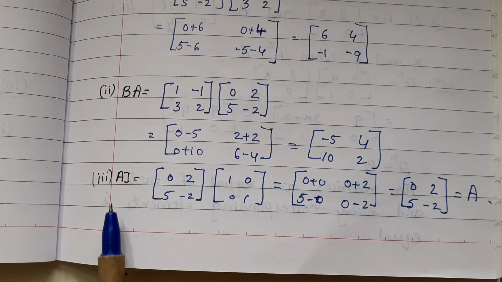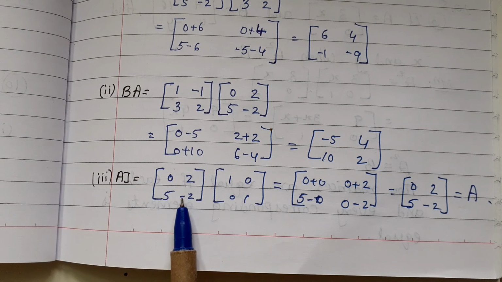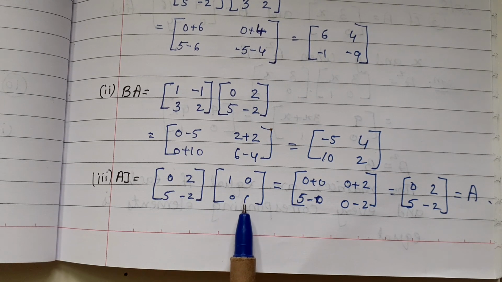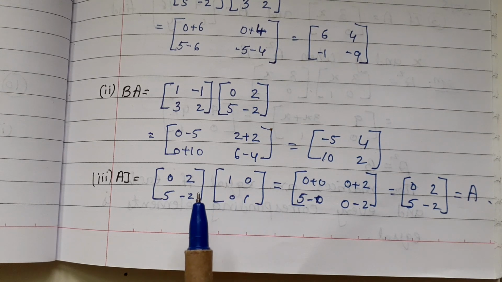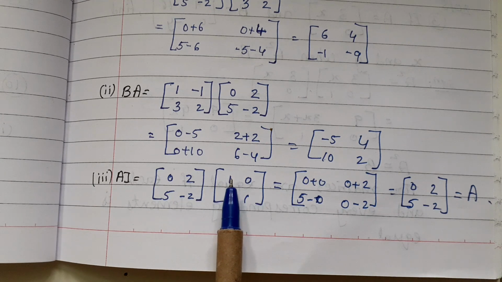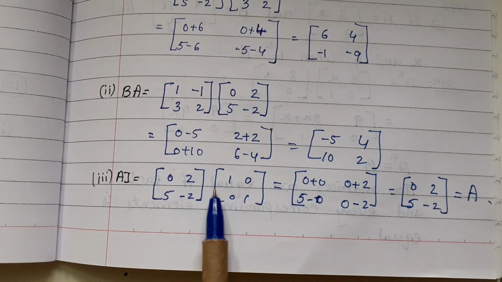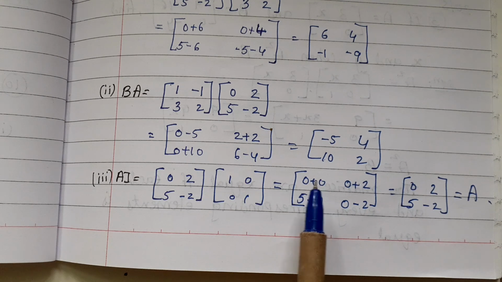Third part, AI. So first write A matrix and then identity matrix, which is 1 0 0 1, and then multiply. So 0 into 1, 0, 2 into 0, 0.